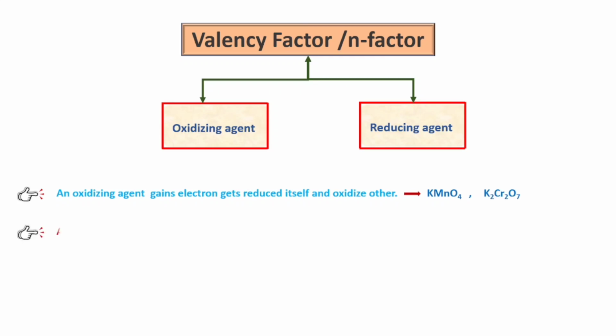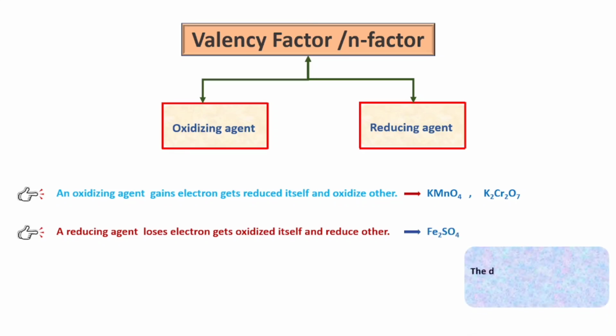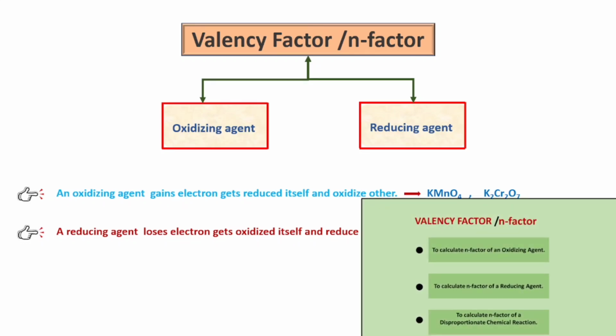Whereas, a reducing agent loses electrons to get oxidized itself and reduce others. For example, ferrous sulfate. And the difference in charge in a chemical reaction is its N factor. This, and how to calculate the N factor of a disproportionation reaction, I am going to explain in my next video.